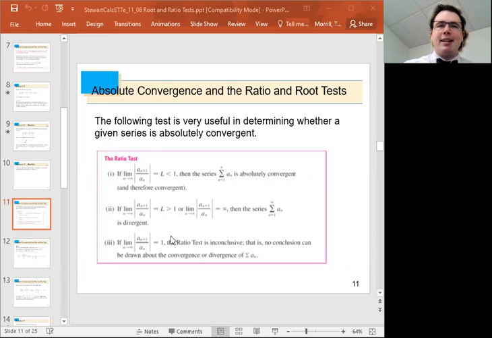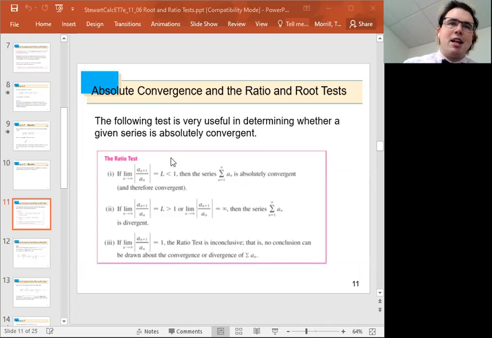So if that limit of the ratio of consecutive terms converges to some real number, then we can say whether or not the series is absolutely convergent.